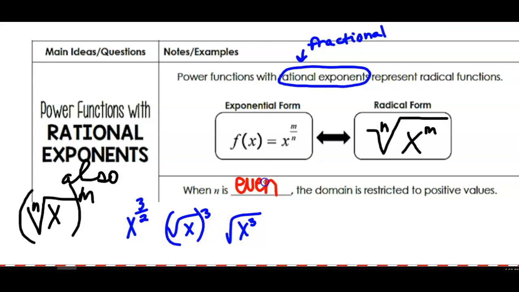When n is even, the bottom number, the domain is restricted to positive values, which means it's a square root or a fourth root. So you can't take the square root or the fourth root of negatives. Only positive numbers can go in here. But remember, if you have a cube root or a fifth root, something like that, then you can have positive or negative numbers in there.